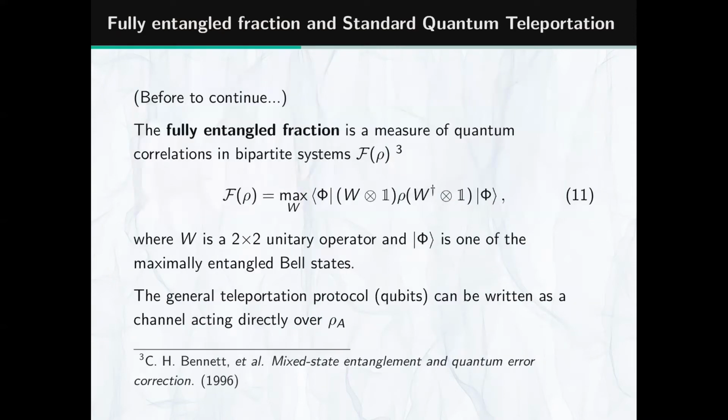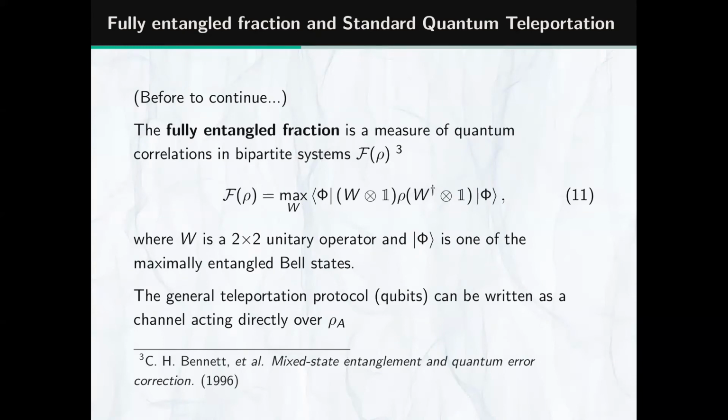Before continuing, we should first define a measure of quantum correlation called the fully entangled fraction. You have a bipartite state and you want to quantify the correlation between the two parts. Well, one well-defined measure is the fully entangled fraction.